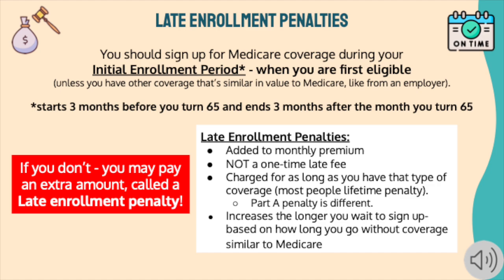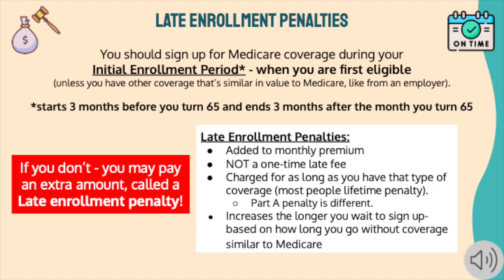They can be charged for as long as you have that type of coverage, with most people paying a lifetime penalty, unless you have Part A, where the penalty has a time frame, which is a bit different than a lifetime penalty. Penalties can increase the longer you wait to sign up for Medicare, based on how long you go without coverage that is similar to Medicare.